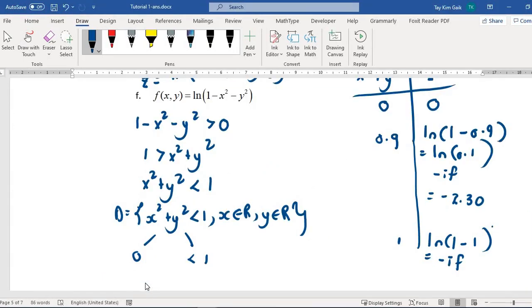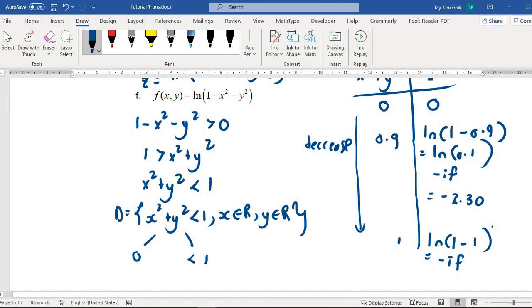That's why the maximum value is 0. Maximum is 0, decreasing to negative infinity for your z. The z value is actually decreasing here. From 0, decreasing up to negative infinity.